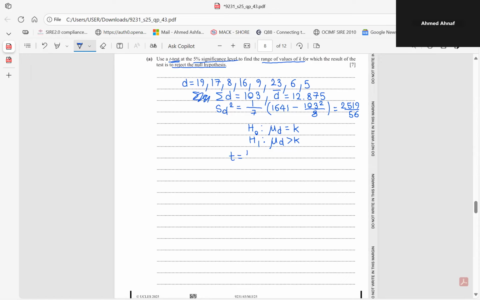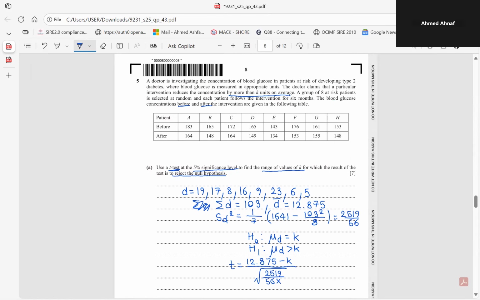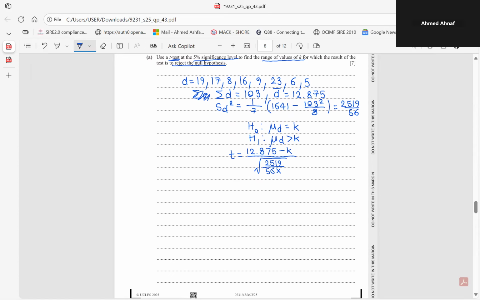So it's going to be d bar, 12.875, minus mu d minus k, over the standard error, that is the sample variance over n. So square rooted, sample variance is 2519 over 56, times the number of patients, so that's 8, whole thing square rooted.